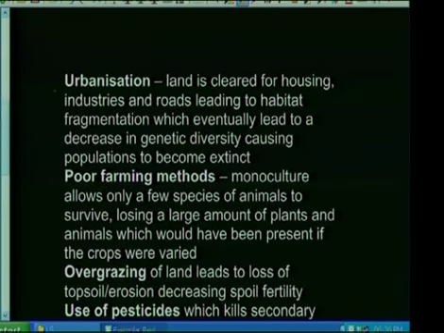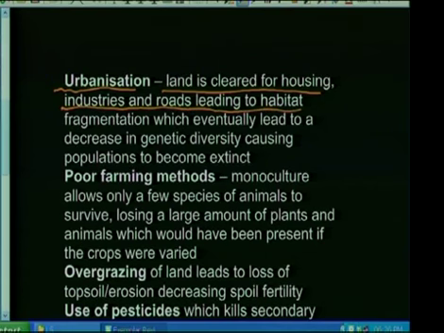So the first statement talks about urbanization. Big word, it simply means people moving to the urban areas. And because of that, there's a greater demand to build houses. So land is cleared for housing because more people are coming into the urban area, and for industries and roads. Land is cleared for housing, for industry, and for roads.